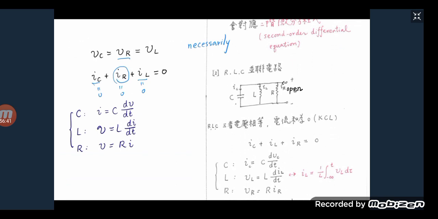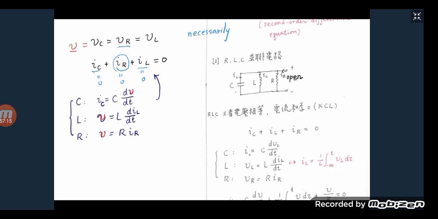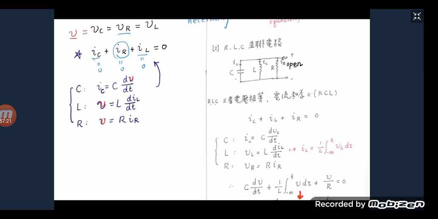Any questions? So now the common variable is what? The common variable is V. So here the three V's are the same, but the currents are different: IC, IL, and IR. The three current variables are different. We would like to insert the three currents into this equation.